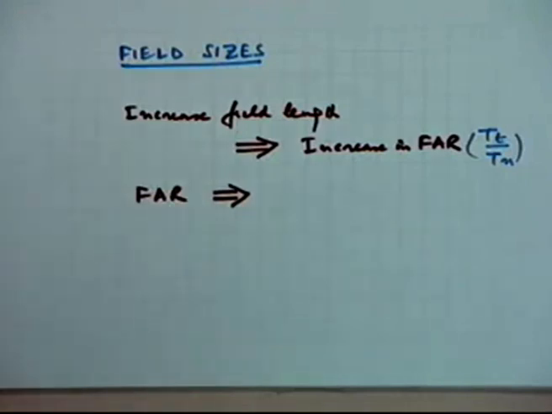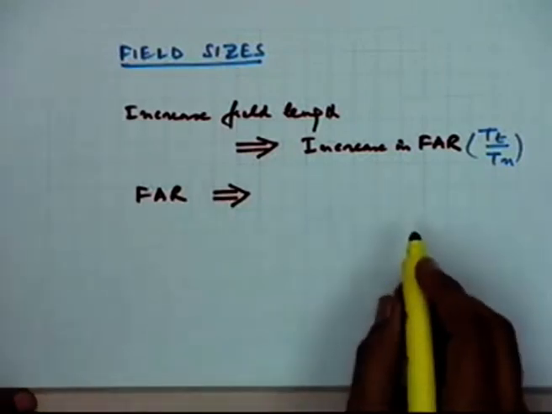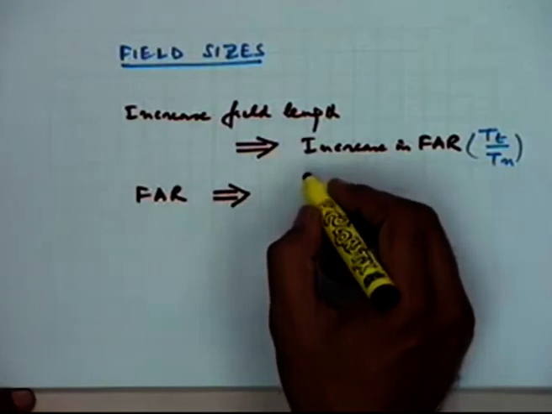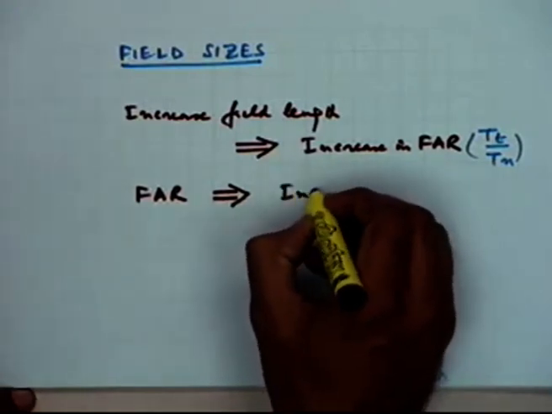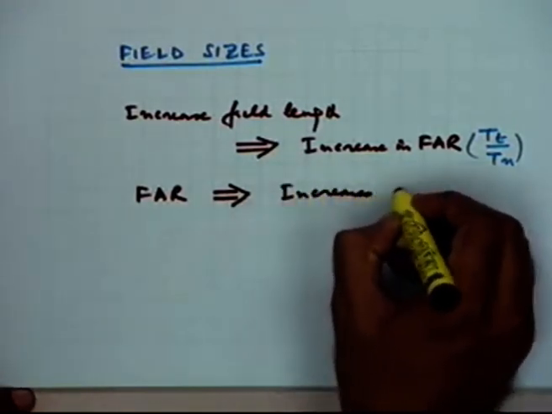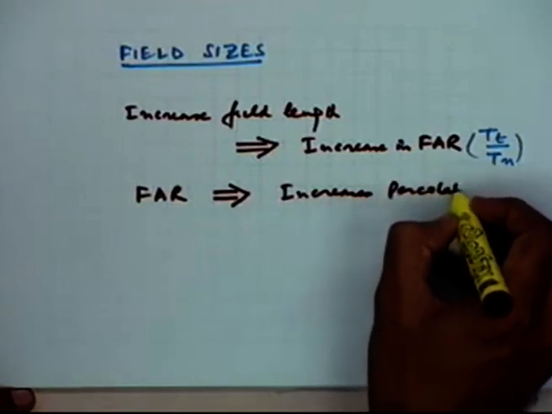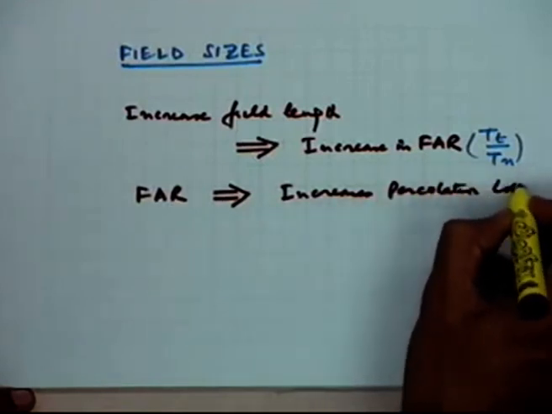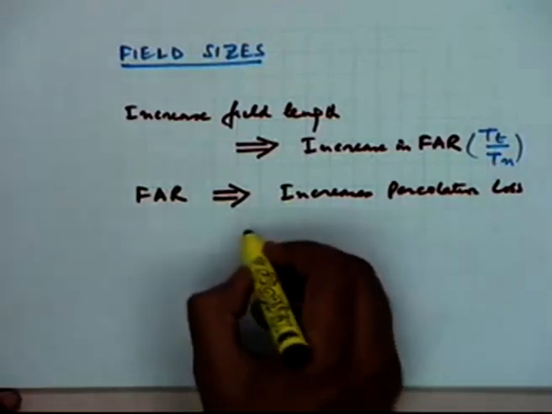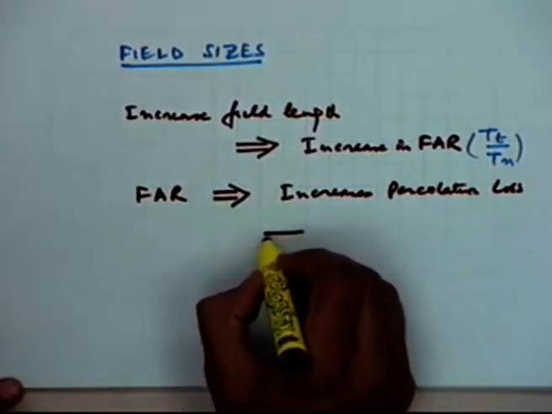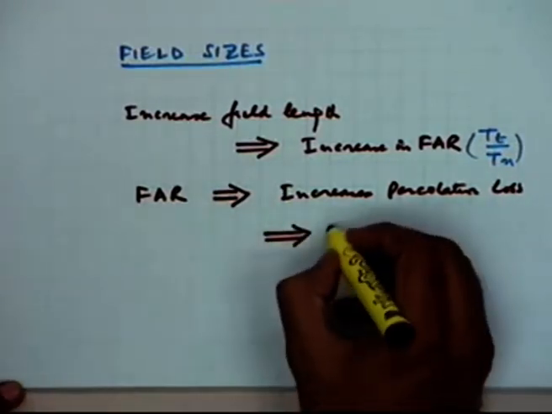If the FAR is larger, the disparity of infiltration will be much higher, and you will have more deep infiltration, or the percolation loss will be more. So this increases percolation loss, which in turn will result in reduced efficiency.